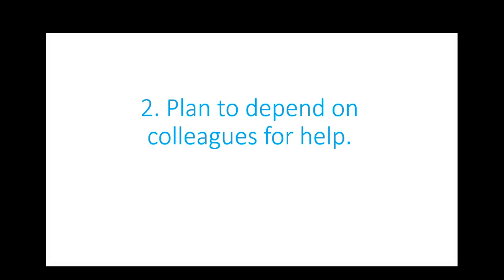Number 2, plan to depend on your colleagues for help, whether the administrators or teachers or anyone in the school, even custodians, security guards, or whoever you can get help from, but mainly from teachers and administrators.